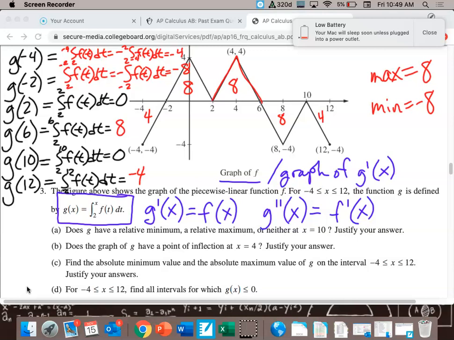So g is negative from 10 to 12, because that's when we're truly going negative. And in reverse, we go backwards from 2 to negative 2, we are negative because we're going backwards. And then even though we're not adding enough, we're still negative. So g is negative from negative 4 to 2 and from 10 to 12.